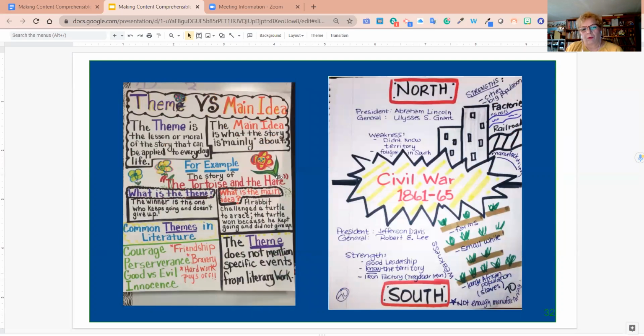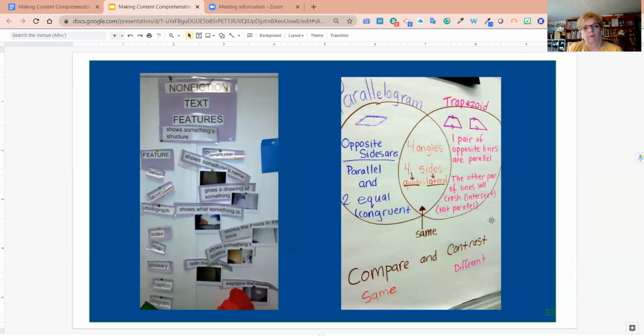We can also do it for language arts. So this one gives you an idea of theme versus main idea, and what theme and main idea are. And then we made one for the North and the South of the Civil War, so that they could see who was the president, the general, the strengths and the weaknesses, and just had that charted for something to refer back to.